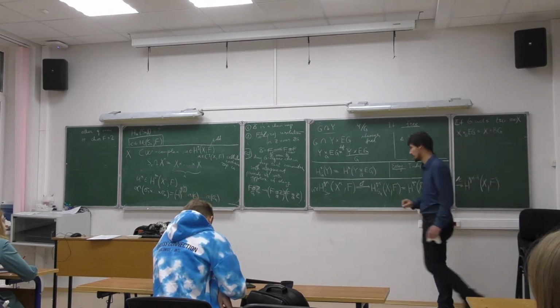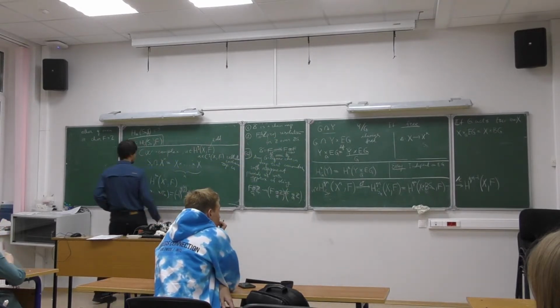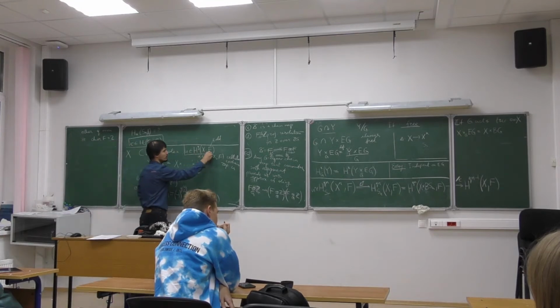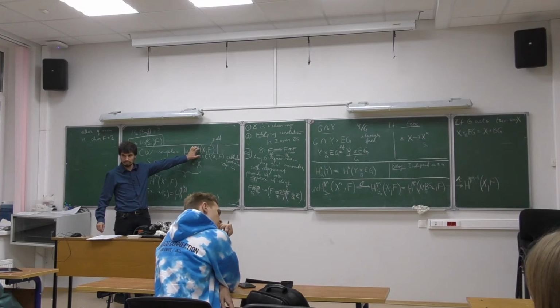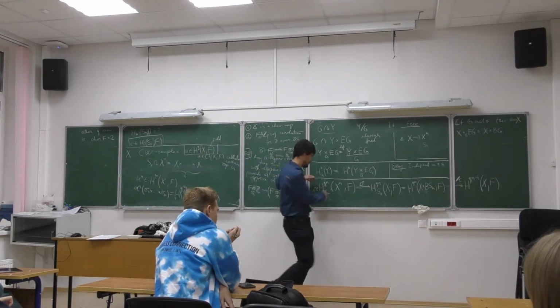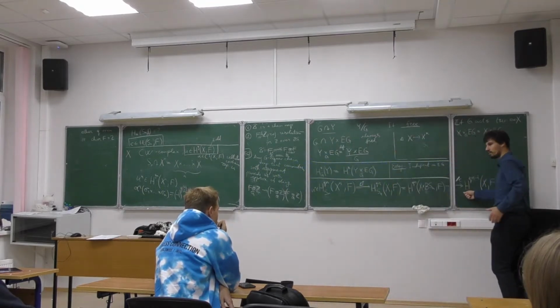And look what we get. From the very beginning, we started from a cohomology class in the q-th cohomology of X. We make some natural constructions, and we arrive at a cohomology class in this cohomology group.